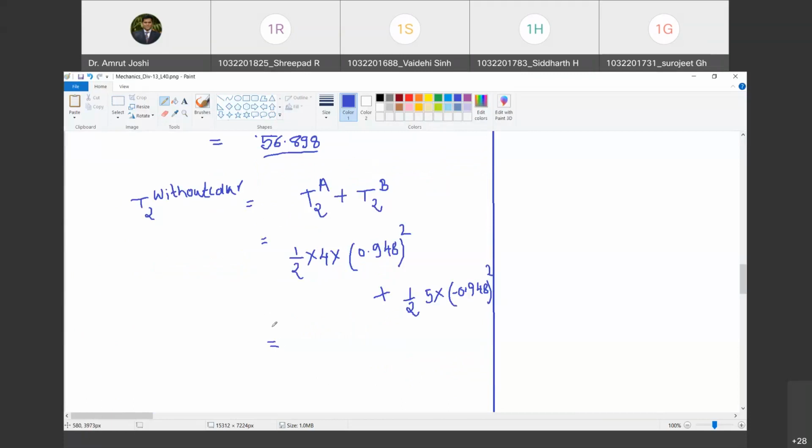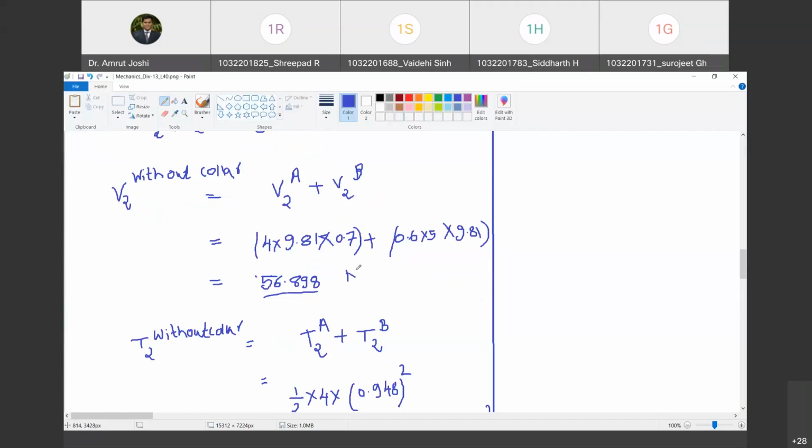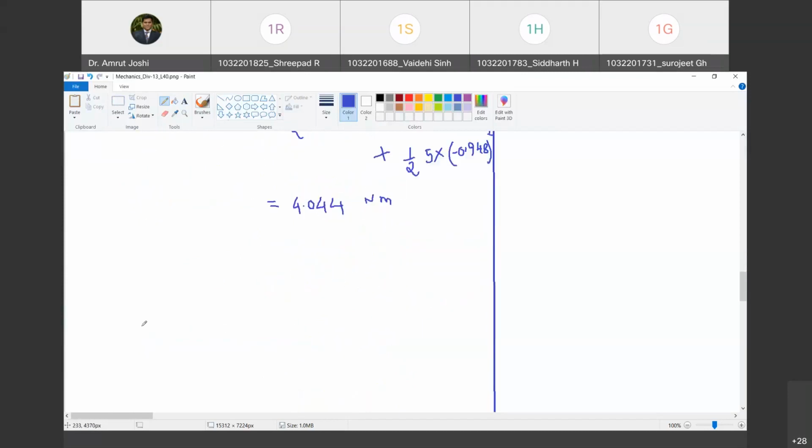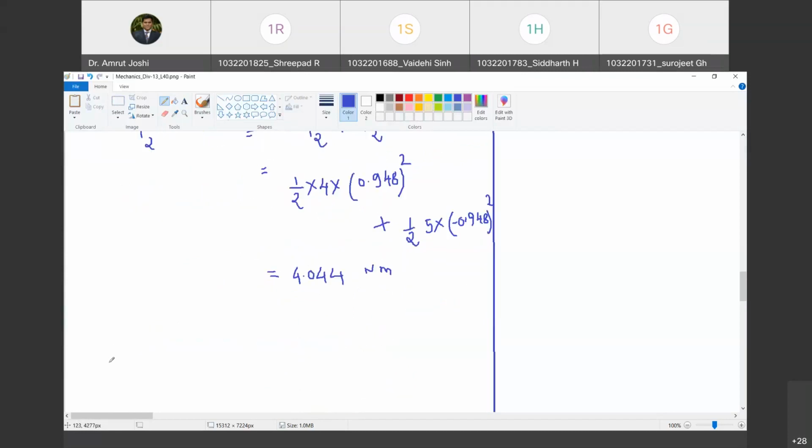That's correct. So that turns out to be 4.044. This is in Newton meter. This is also in Newton meter. So therefore T2 plus V2 without collar.